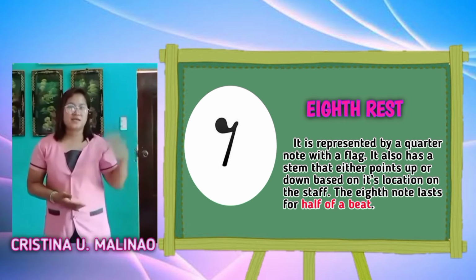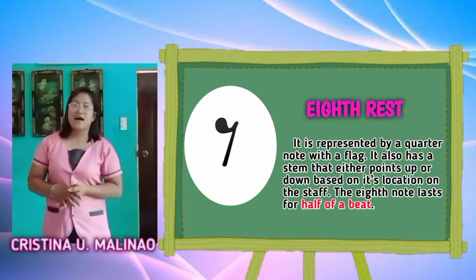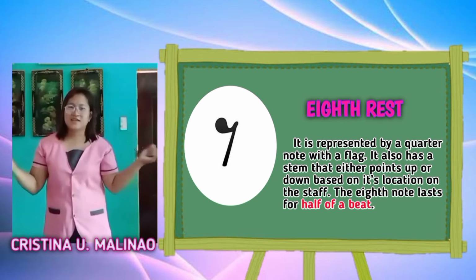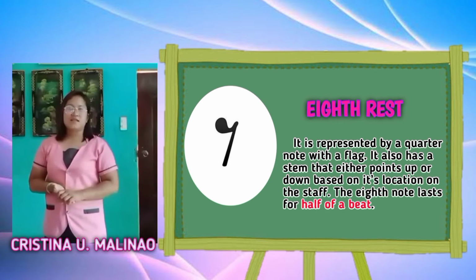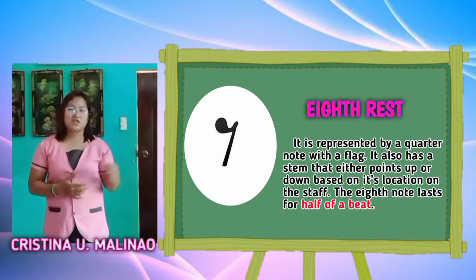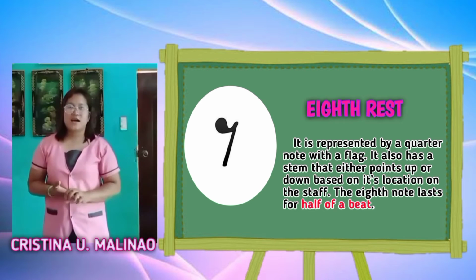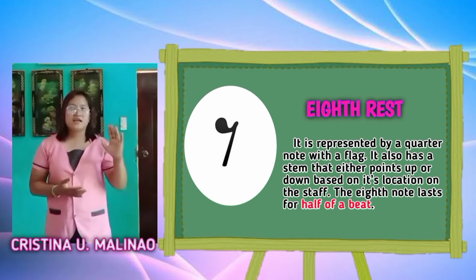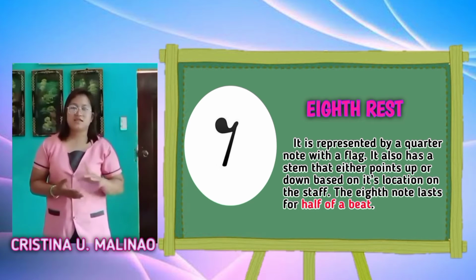The eighth rest is represented by a quarter note with a flag. It also has a stem that either points up or down based on its location on the staff.